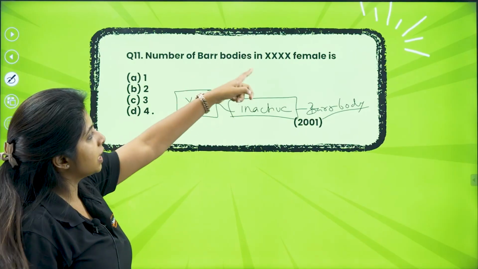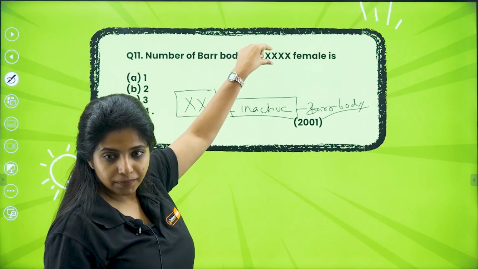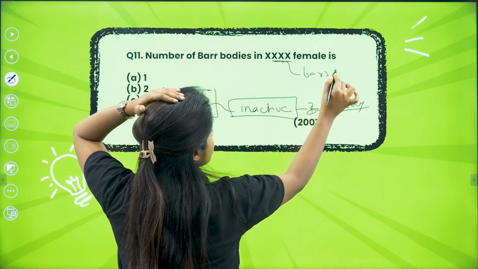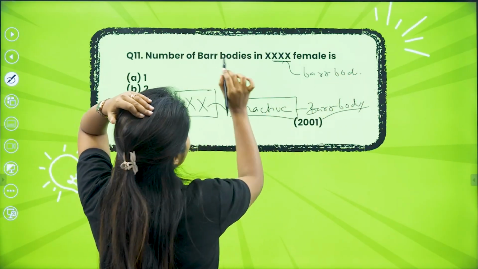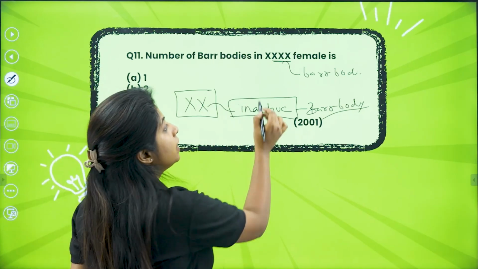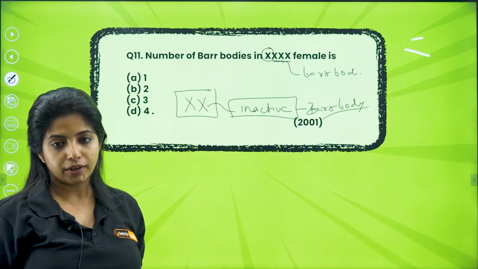So in XXXX female, only one has to be active. The rest 3 of them would become Barr bodies. That is what you are being asked. Number of Barr bodies in XXXX female is 3, because you need 1. Rest all of them will become Barr bodies.